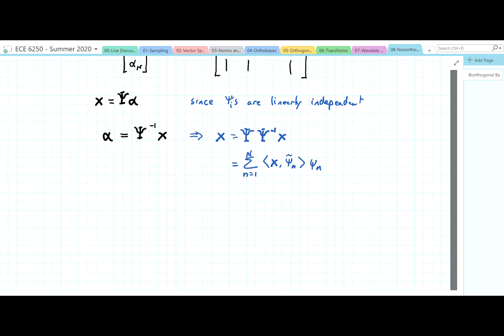Let's take care of that one too. We're going to say that psi inverse is equal to psi tilde transpose 1 up to psi tilde transpose n, and these are row vectors.